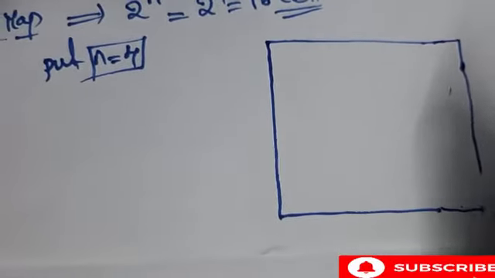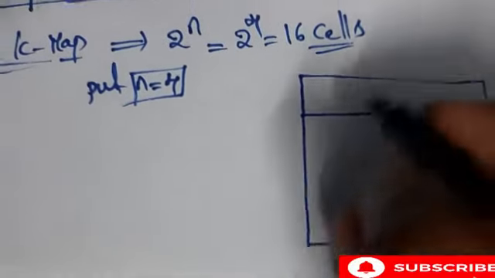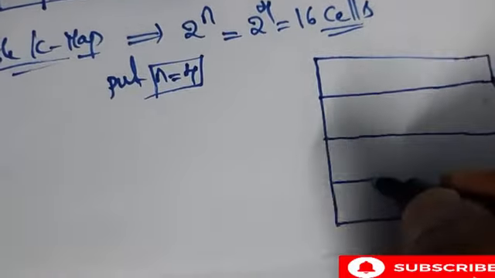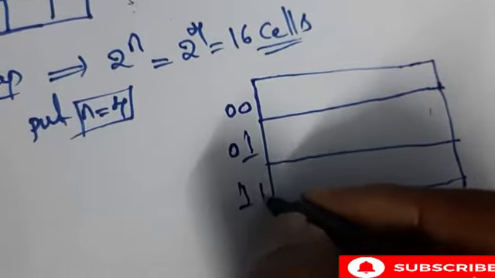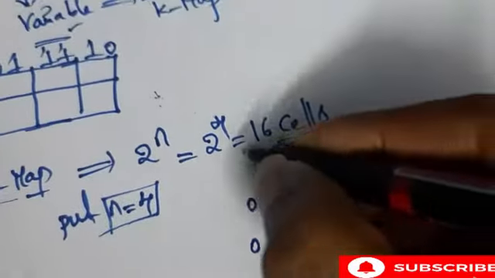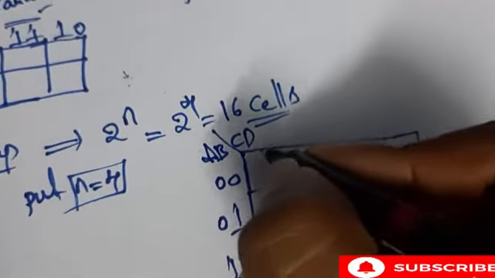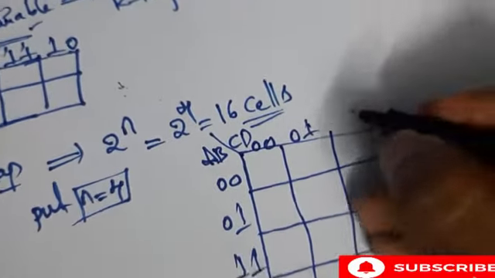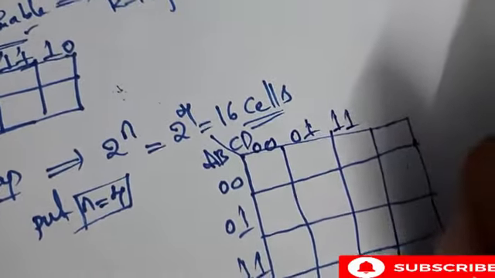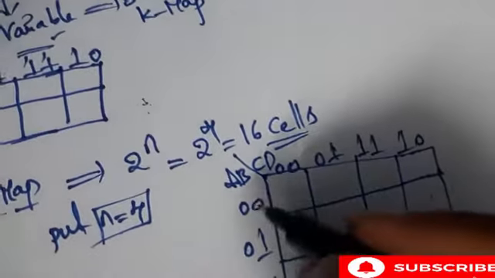So the 16 cells are like this. 0 0, 0 1, 1 1, 1 0, for A B, and C D. This will be 0 0, 0 1, 1 1, 1 0. This will be the Gray code sequence, right?